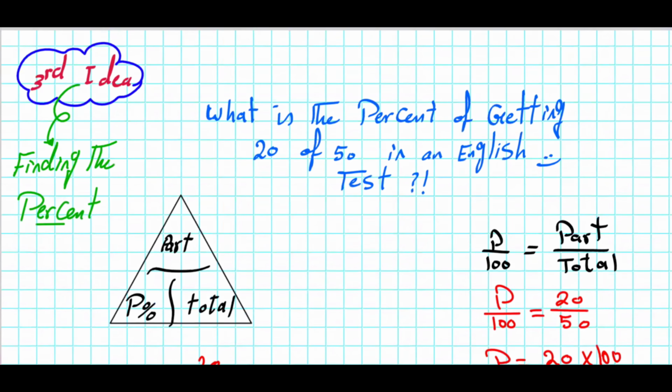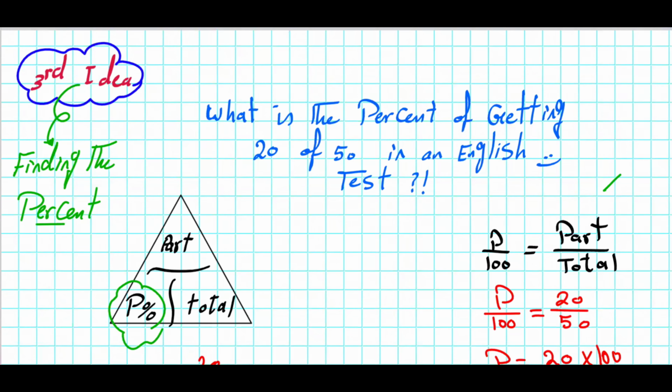That's it. Third idea is about finding the percent itself. What is the percent of getting 20 of 50 in an English test? Of course, it's not a math test. So I'm using the same triangle here, part, total, percent. I want the percent now, so I'm going to divide the part by total.